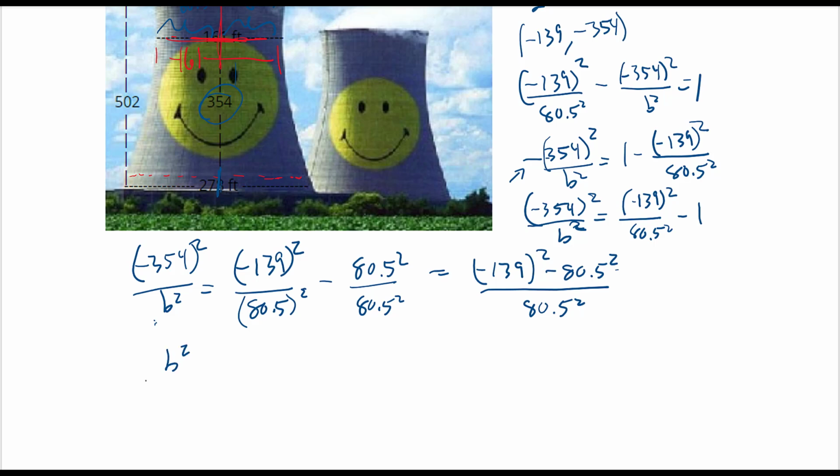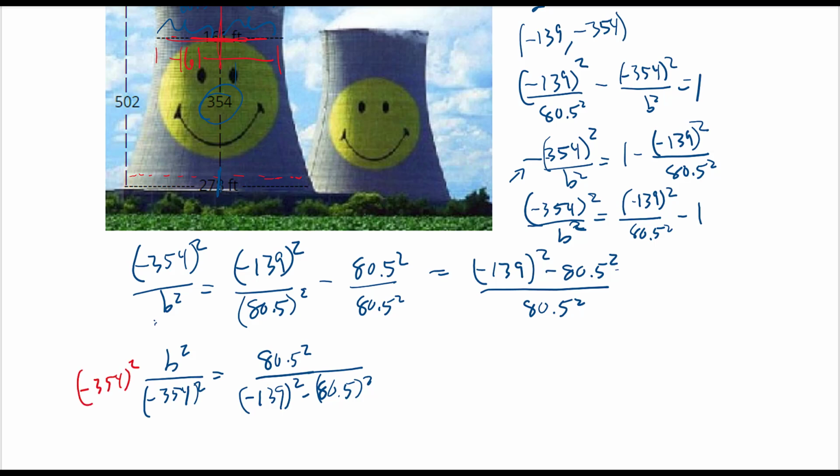So now I can say b squared over negative 354 quantity squared equals 80.5 squared over negative 139 quantity squared minus 80.5 squared. And then I can multiply both sides by negative 354 quantity squared, and that's going to cancel these out.